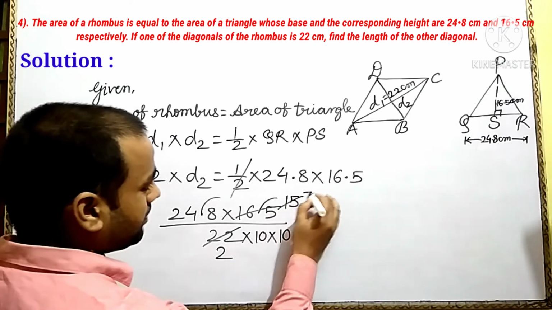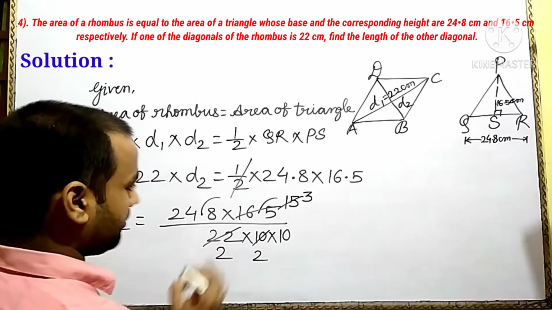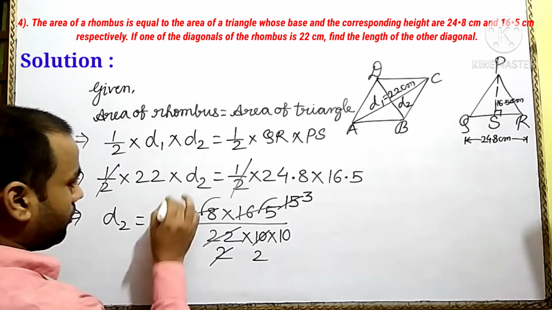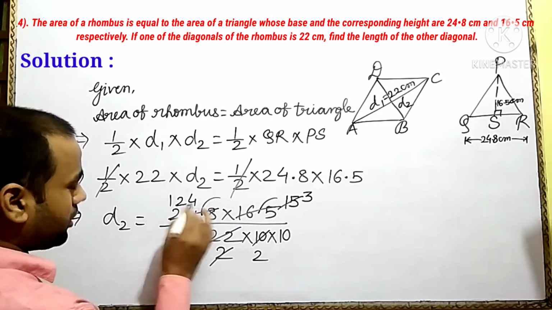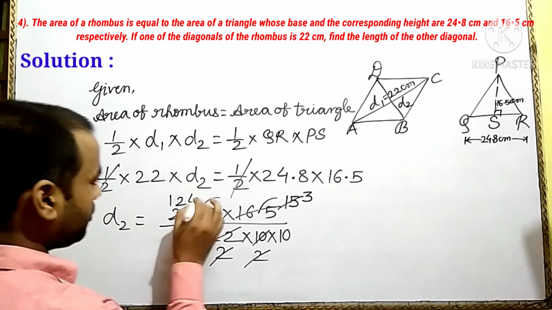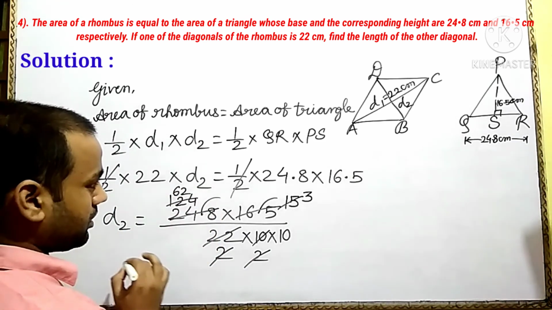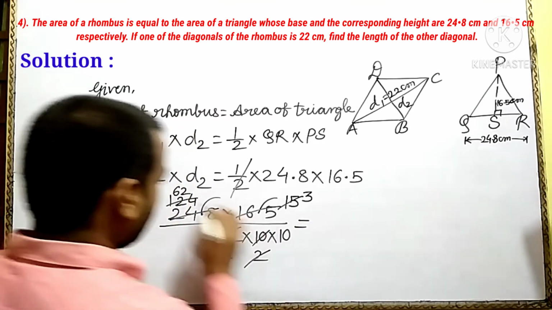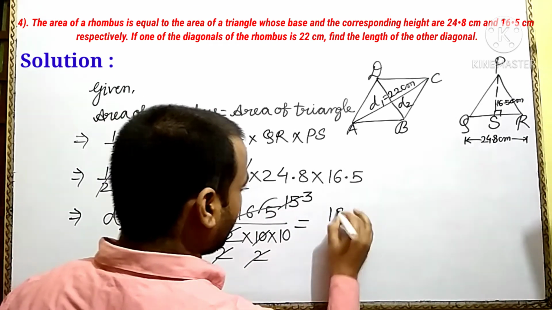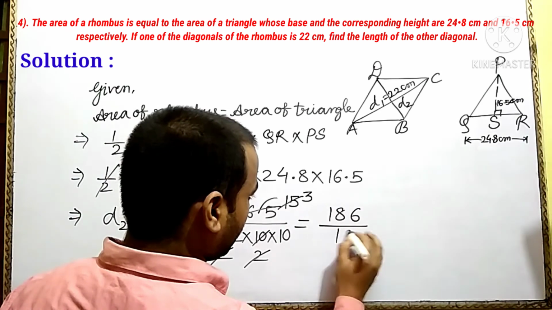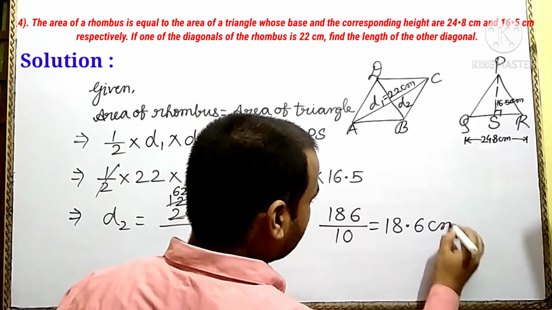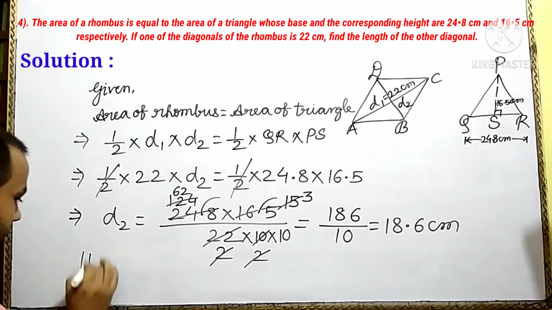So 5 into 3 is 15, 5 into 2 is 10. Is it clear? 124 into 2 is equal to 248. Again 2 into 62. The remaining 62 into 3 we get 186 upon 10. We write 18.6 centimeter.